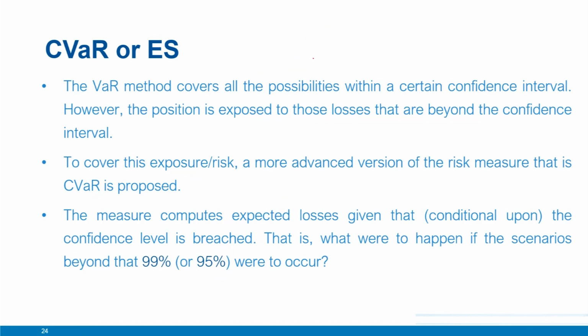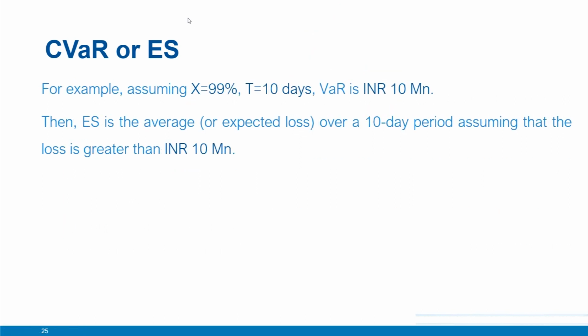So in simple terms, with C-VaR or ES, earlier we had a VaR measure, which gave us an idea of how bad things can get. But if the bad things do materialize, that means this VaR level is breached, and conditional on the fact that our losses are more than this VaR, that means we are in this region, then what is my expectation of losses? How much loss can I expect?